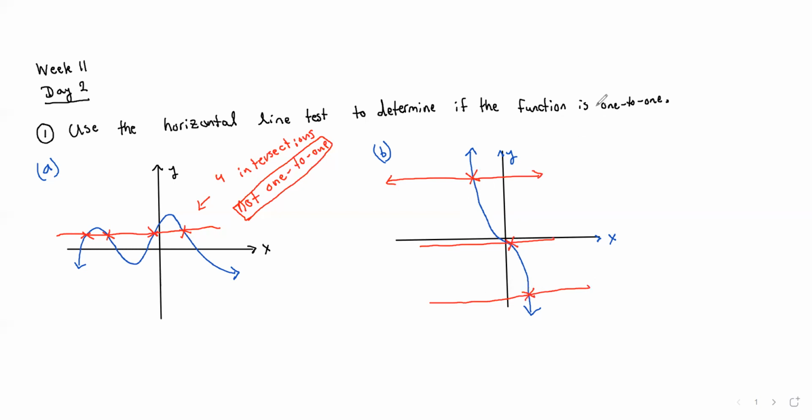The horizontal line test says that if every horizontal line has either 1 or 0 intersections with the graph, then it is one-to-one. So every horizontal line intersects 1 time. Only once. So what this means by the horizontal line test is that this is one-to-one. So this graph for part B is one-to-one.